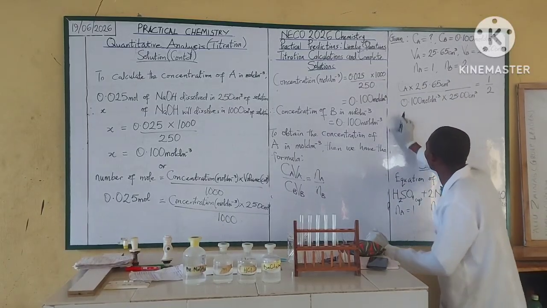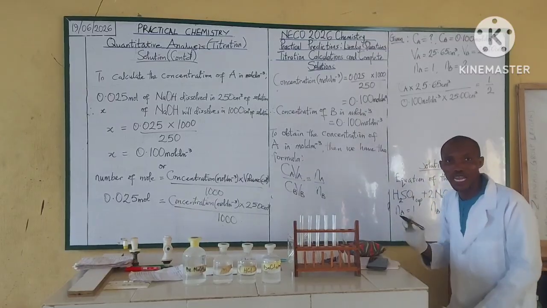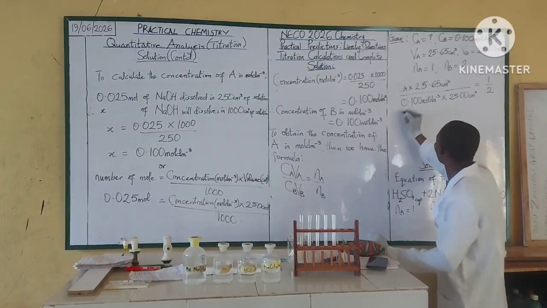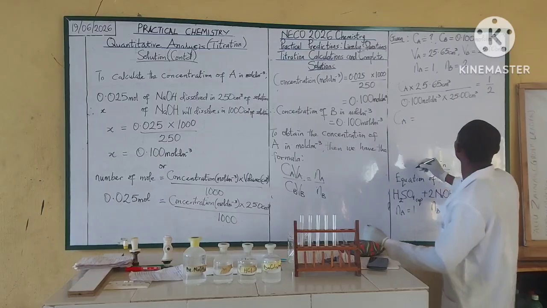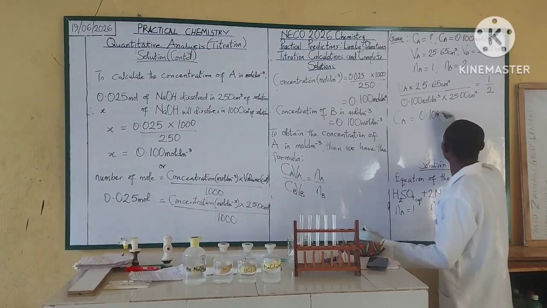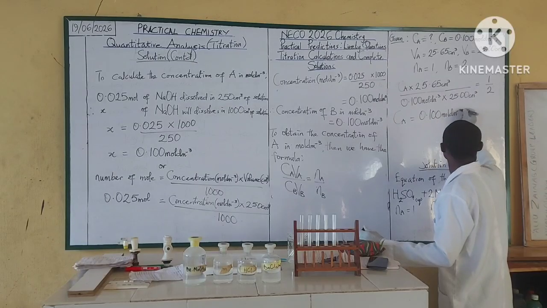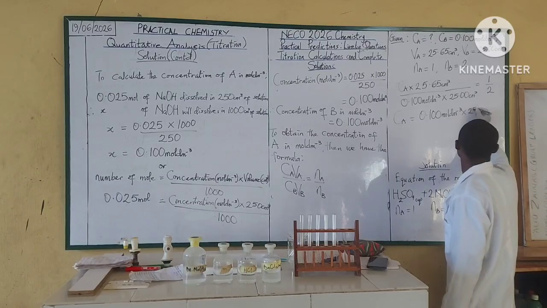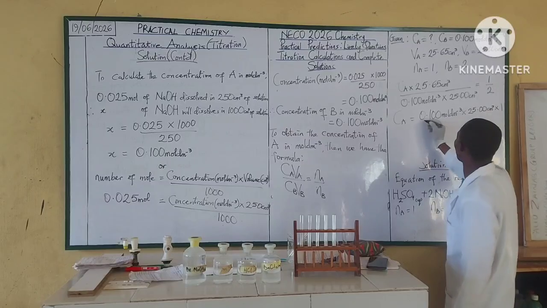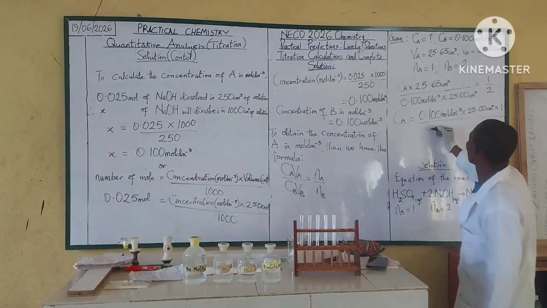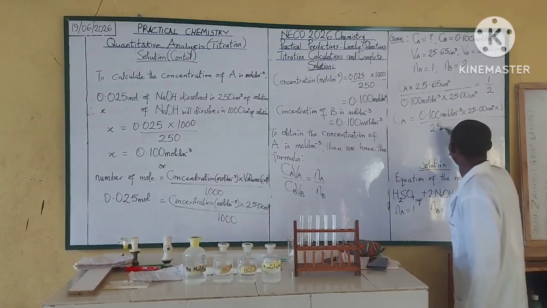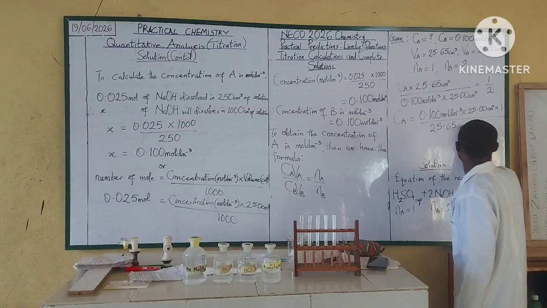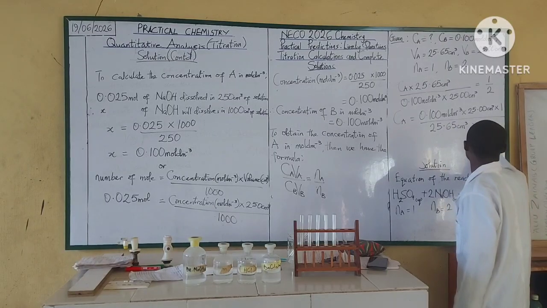We now have CA equal to 0.100 mole per dm cube multiplied by 25.00 cm cube multiplied by 1, divided by 25.65 cm cube multiplied by 2.